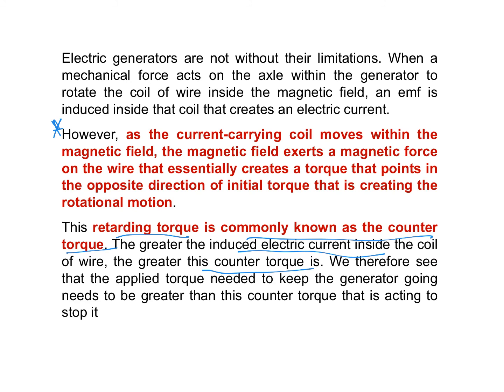For example, the external circuit produces a current, and this current causes the rotational motion of the armature, whether clockwise or anti-clockwise. But it's not going to be so smooth, because there's going to be a counter torque that opposes it. For example, if your armature is moving clockwise, the counter torque is going to move the other way around.